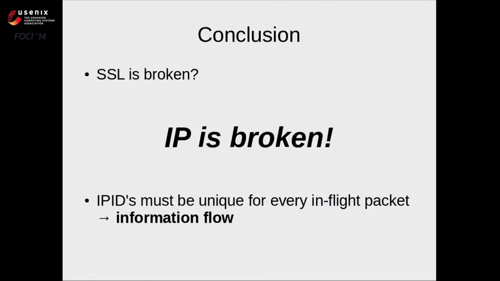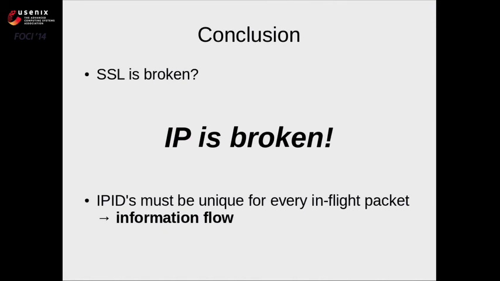So in conclusion, everyone says SSL is broken. Well, I'd like to make the case that IP is broken. We can't even do layer 3 right, probably not layer 4 either. In IP's case, this really comes down to one thing that all these IP stacks keep dancing around: this RFC requirement that IP IDs must be unique for every in-flight packet.